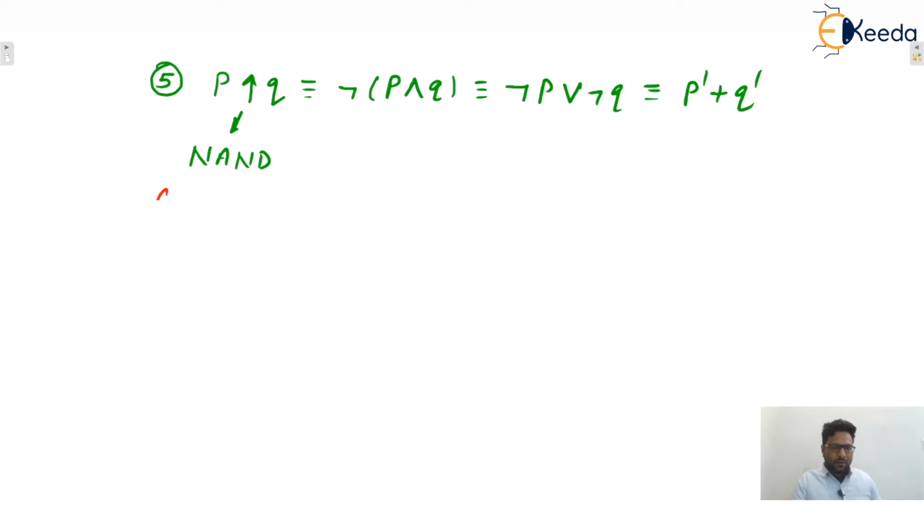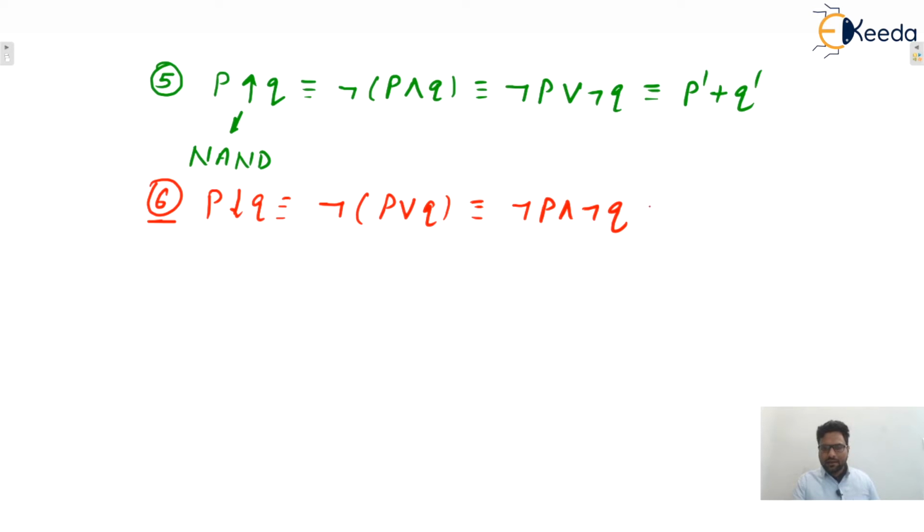Now the sixth one, P NOR Q. NOR means negation of OR. So apply De Morgan's law, then it becomes negation P and negation Q, and that can be written as P dash Q dash. I hope this is clear to everyone. So we can proceed further.